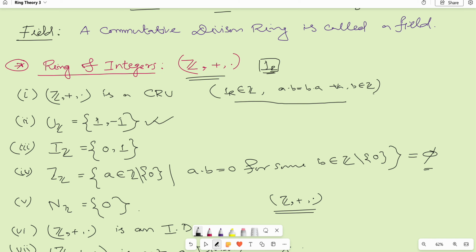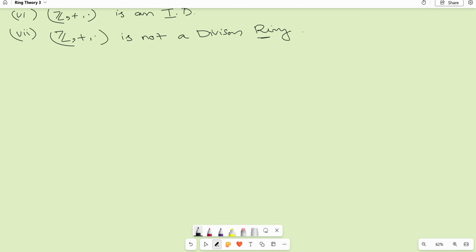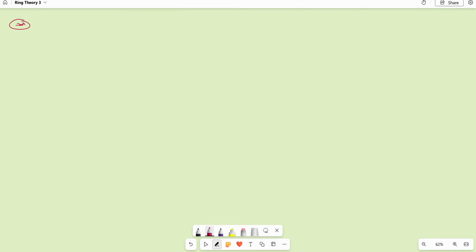Now we'll define a subring. What is a subring? What is a subgroup?